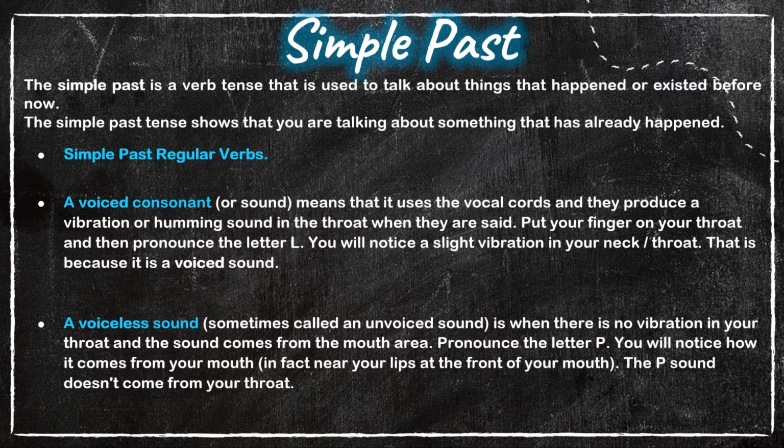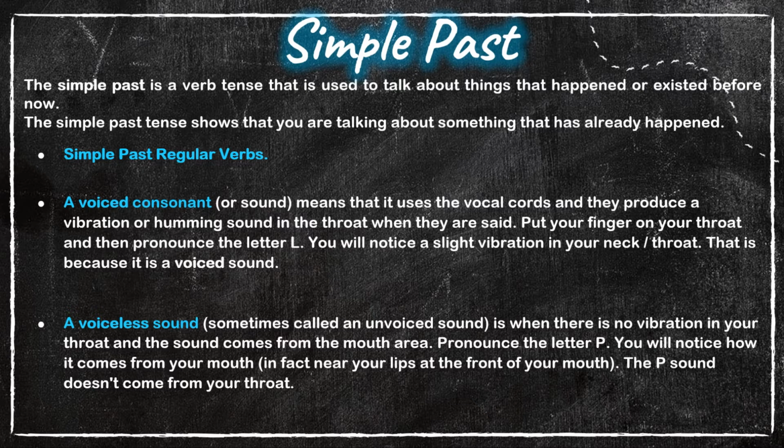You don't feel anything, right? That's why the letter P is a voiceless sound. In fact, near your lips at the front of your mouth, the P sound doesn't come from your throat.